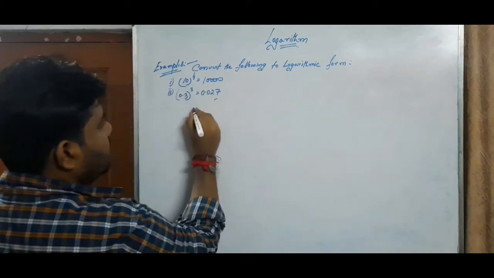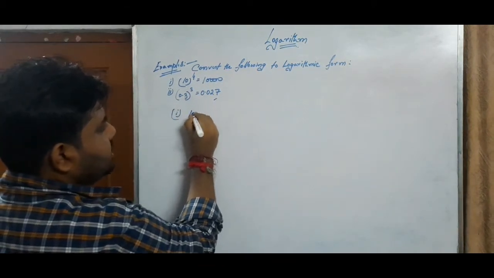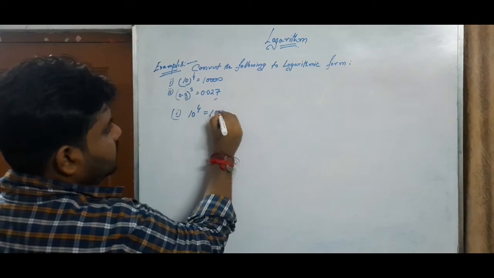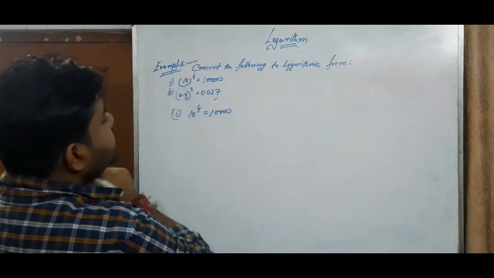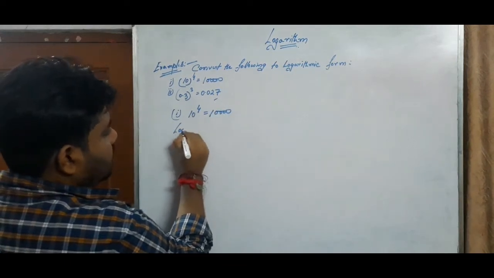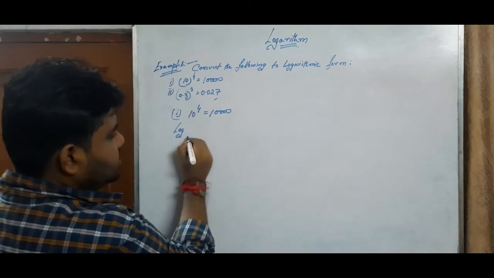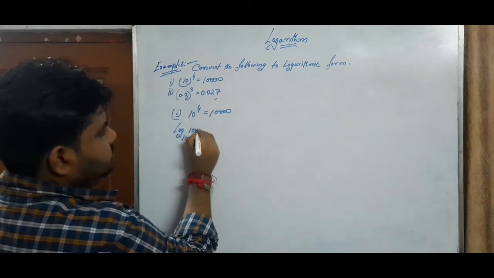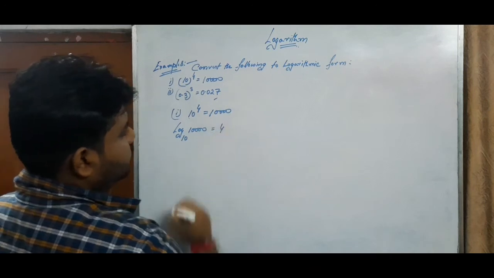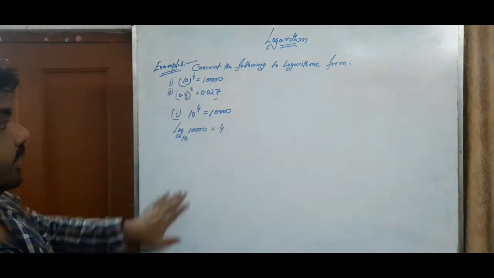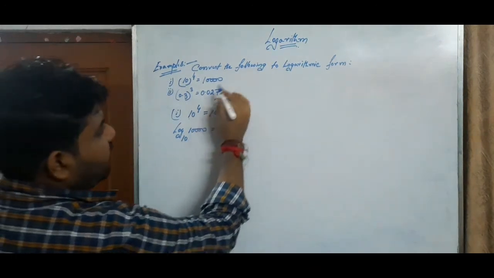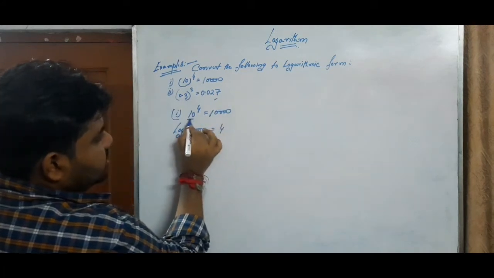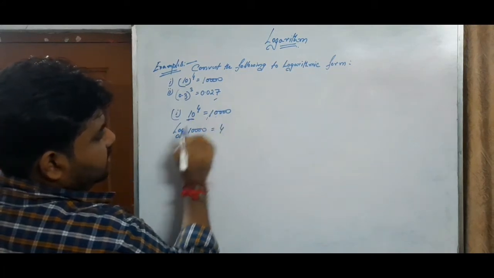That is, number 1, 10 to the power 4 equals 10,000. That is log, this will be the base, log 10 base 10 of 10,000 equals 4.